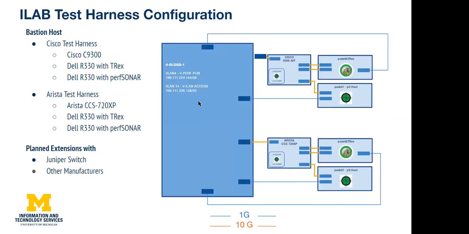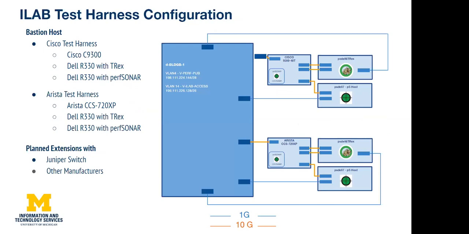And this is in fact what we did, and this is an example of the test harness configuration, which we used to test 2 different routers given by different vendors. You can think of it as a secure way of accessing the lab as this big blue rectangle, which we reference as the Bastion host, and gives us a way to securely access the lab where we do all of the testing.